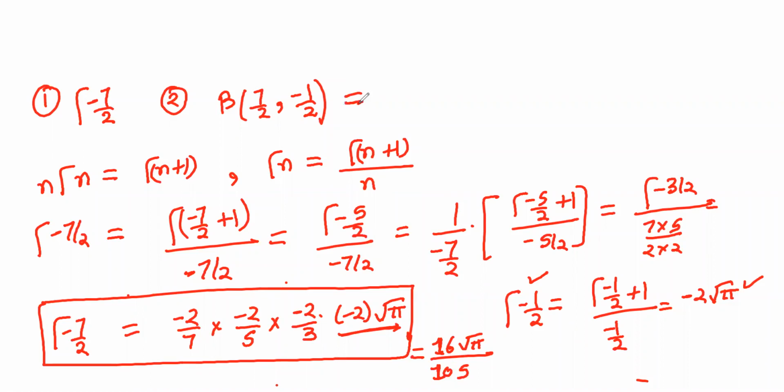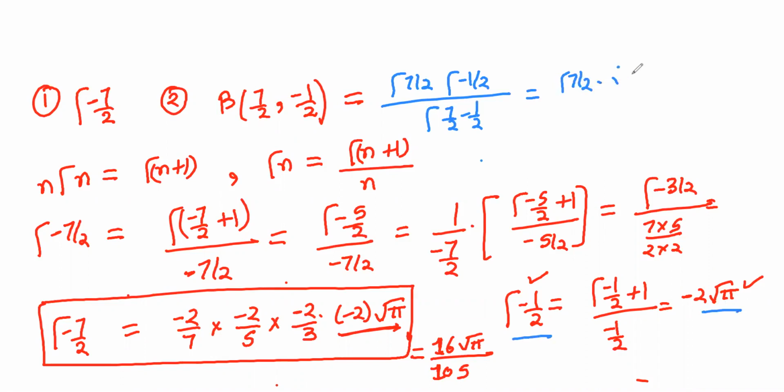The next is beta 7 by 2 comma minus 1 by 2. So I will use the formula: gamma 7 by 2 gamma minus 1 by 2 divided by gamma 7 by 2 minus 1 by 2. So it will be gamma 7 by 2 into gamma minus 1 by 2, which we have derived, that is minus 2 root pi, divided by gamma of 6 upon 2, so gamma 3.